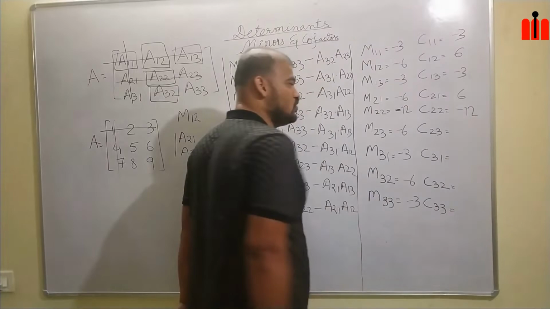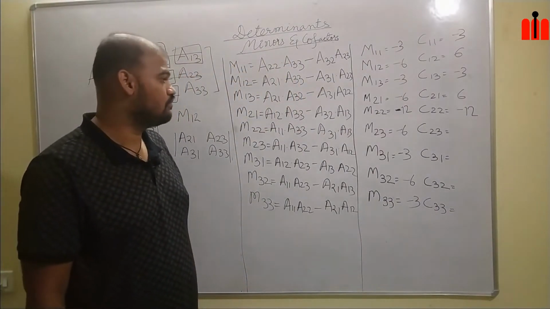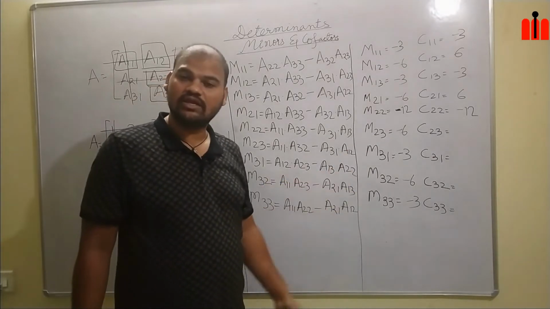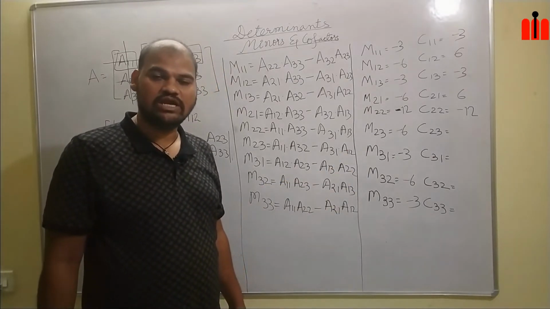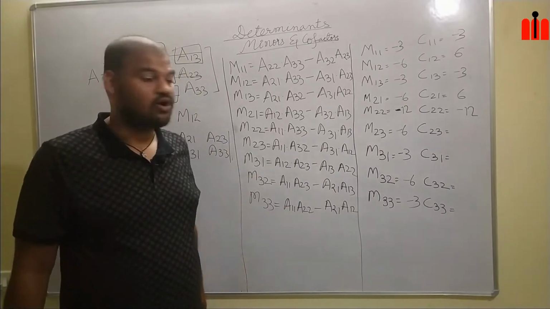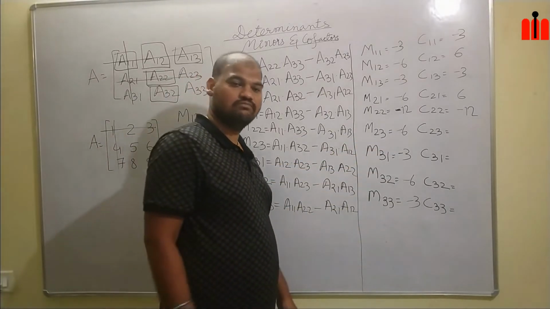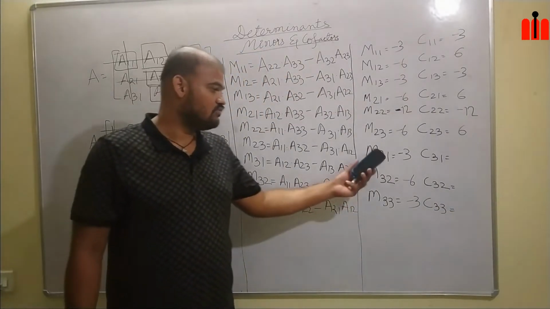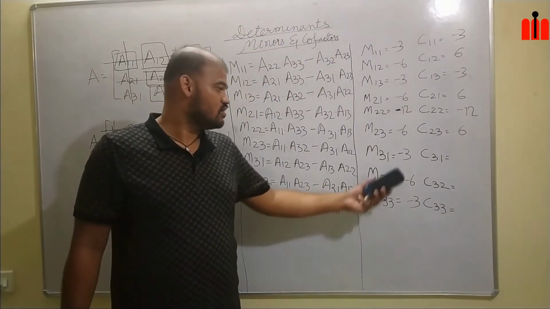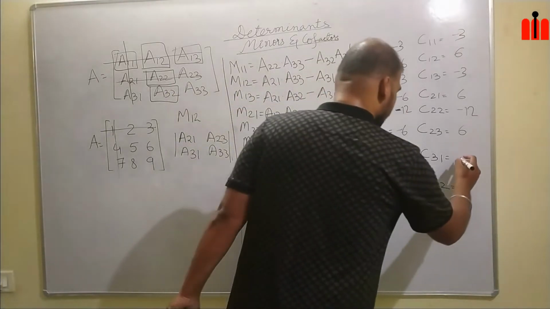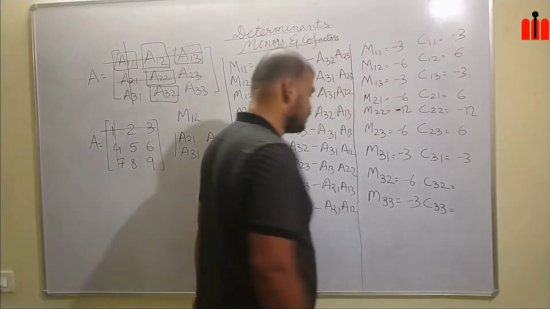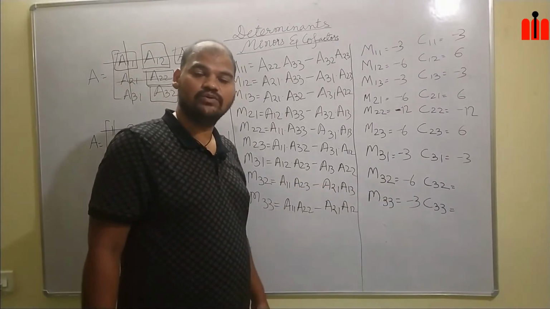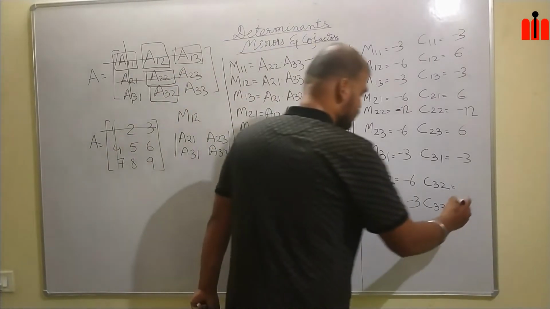Minor will be equal to cofactor. Minus 12. M23, 2 plus 3 is odd. Odd means negation of the minor. It will be 6. 3 1, even. Cofactor will be equal to minor. Minus 3. 3 2, odd. Cofactor will be equal to negation of minor. 6.